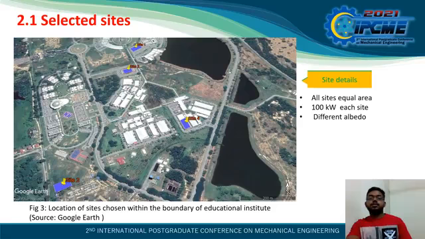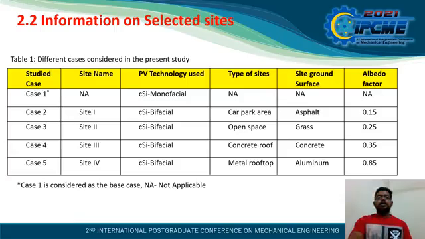Coming to the methodology, this is the map showing the 4 sites selected in the University Malaysia Pahang Pekan campus. All sites have equal area, and hence can accommodate a 100 kilowatt PV system, but the albedo factors are different. Regarding it, in this slide I have framed a table.